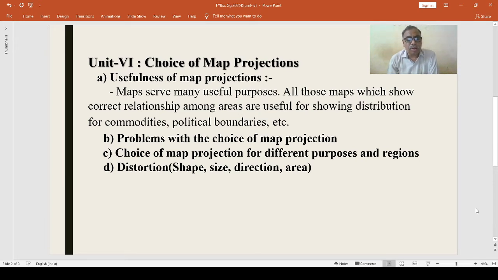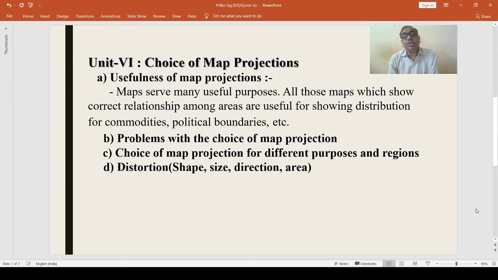It is useful for showing Himalayan ranges, then Trans-Siberian Railway, other routes, atlas maps, and so on.